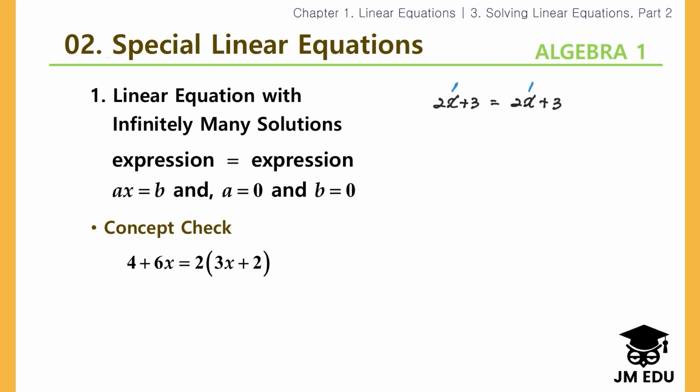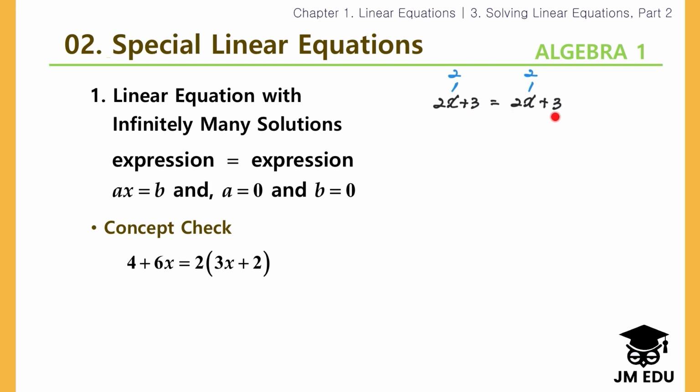Let's say x is 1. Then the value on the left-hand side will be 5. The value on the right-hand side will be 5, right? They're equal to each other, right? So 1 can be the solution of this equation. Let's say if x is 2, then the value on the left-hand side will be 4 plus 3, 7.